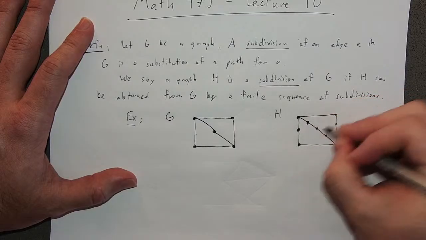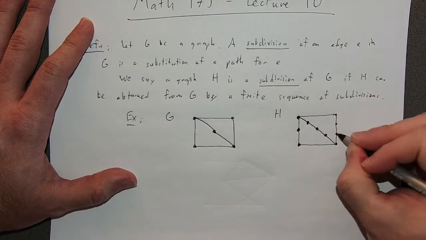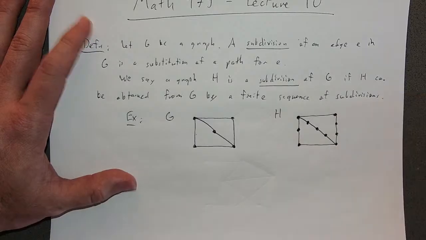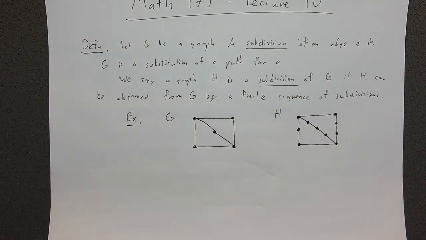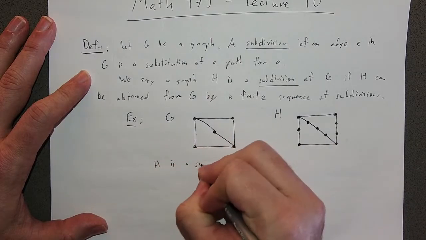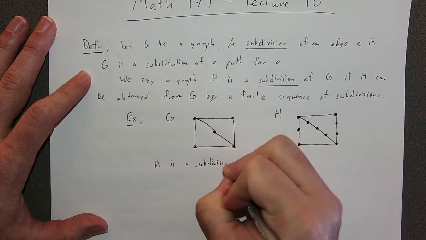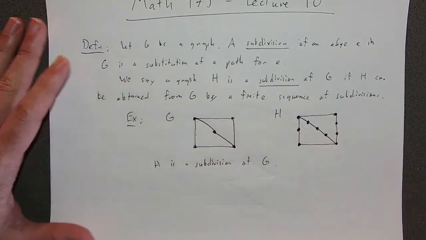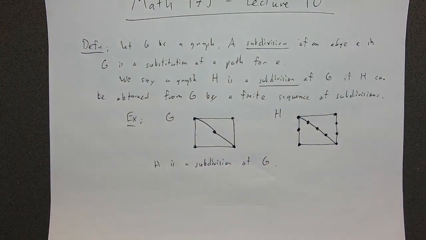Let me make the vertices a little bigger. There we go. So in this case, H is a subdivision of G. Again, this is just to illustrate that this doesn't need to be restricted to a single edge being replaced by a path. In fact, multiple edges could be replaced by paths, so that H may be the result of subdividing G multiple times, multiple different subdivisions. That's the point.